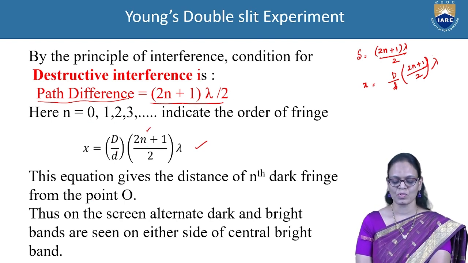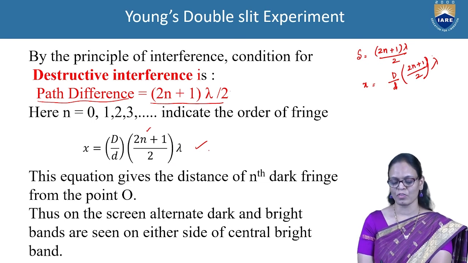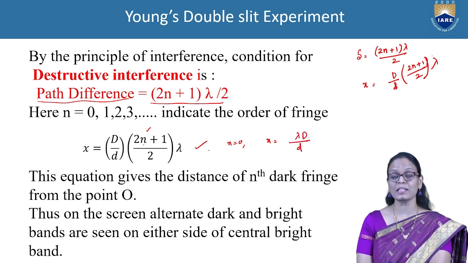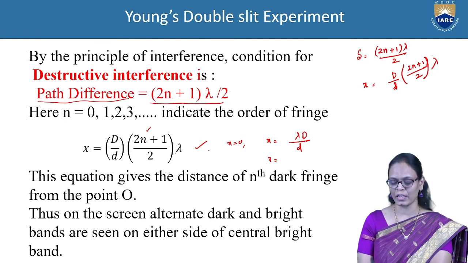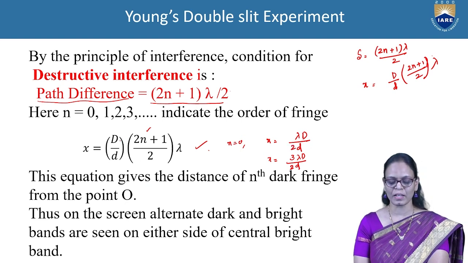So this is what we are going to get, because if you substitute n is equal to 0, what you get here is D by d into lambda by 2. For n is equal to 1, you get 2 plus 1, 3, so 3 lambda D by 2d.